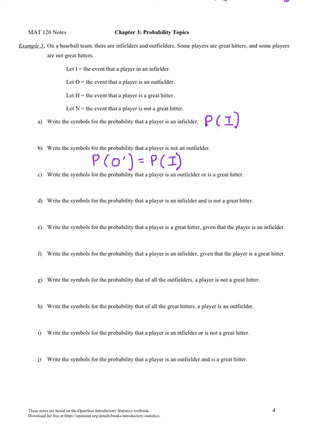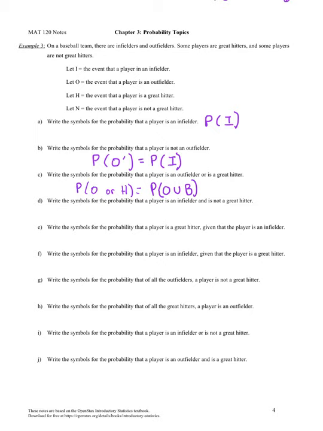For letter C, write the symbols for the probability that a player is an outfielder or is a great hitter, and we could use this, but remember, we can also use our union sign for or.